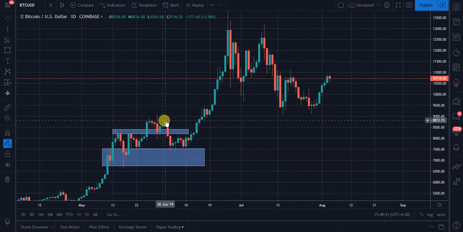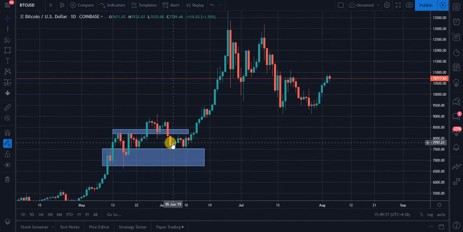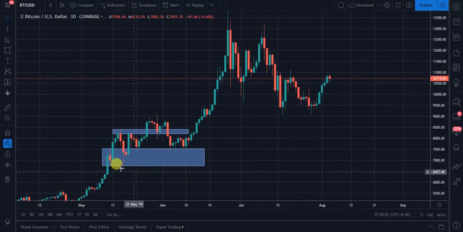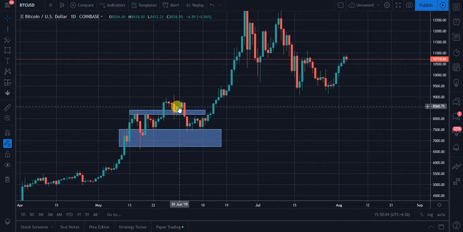So you can see that our next resistance is touched and turns down, breaking down to change the direction, for example the trend.